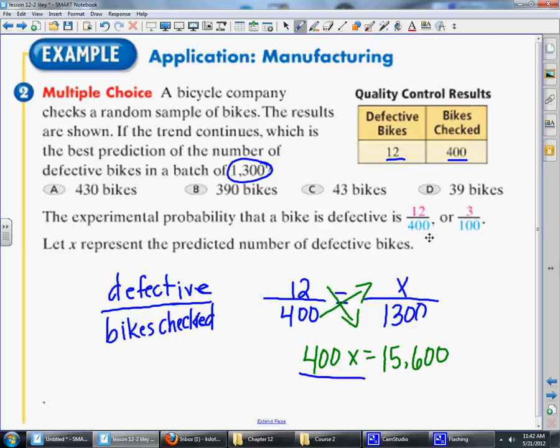Then to solve, we divide by 400. So that means x is equal to 39. So in a batch of 1,300, there would be 39 defective bikes.